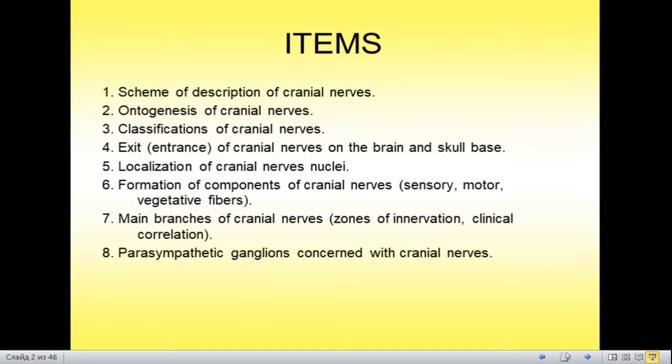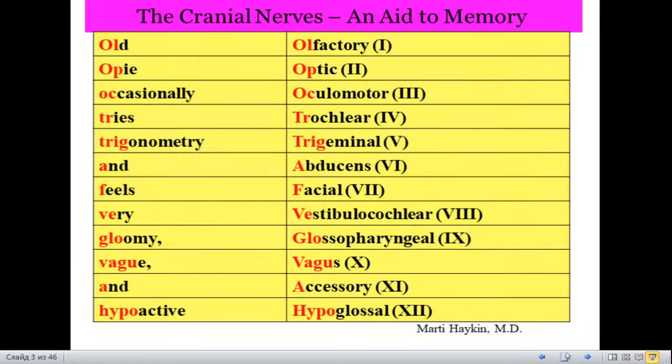And finally we will discuss parasympathetic ganglions which are related to particular cranial nerves.